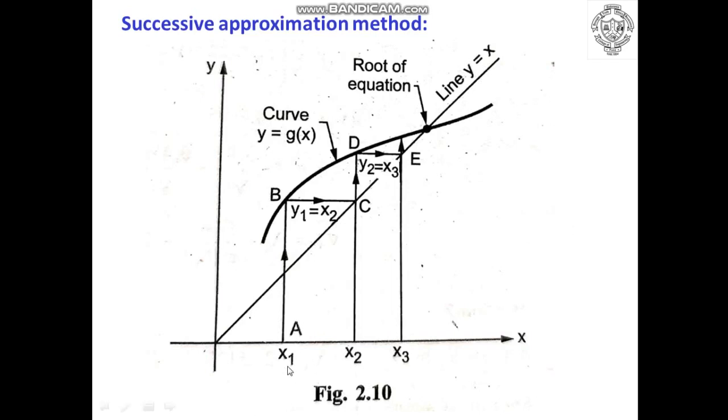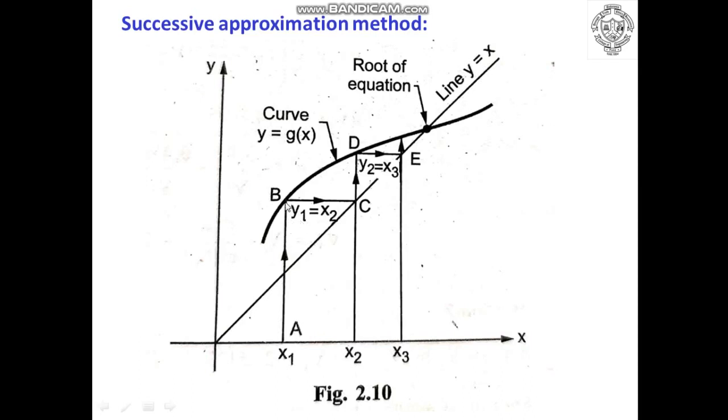Since we know the value of x1, we will put this x1 in the function y is equal to g of x, and we get the value of y1, which is represented by this particular line. After this, we have to draw a straight line at 90 degrees from point B, which is nothing but y1.